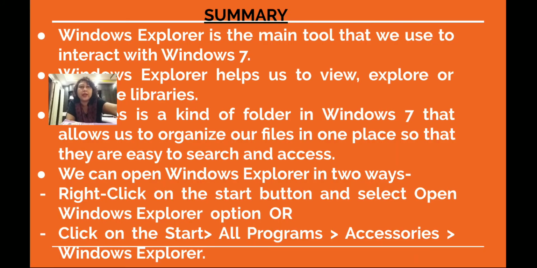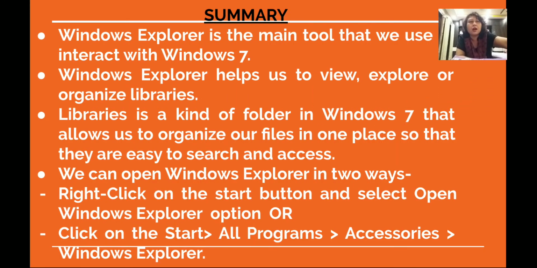Let's have a summary. We have known that Windows Explorer is the main tool that we use to interact with the Windows 7 operating system. Windows Explorer helps us to view, explore, or organize libraries, that means whatever contents are in the library.